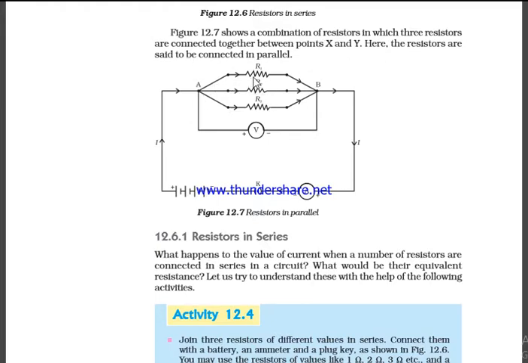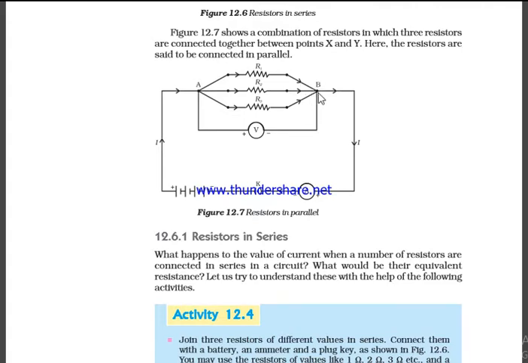If you look at these three resistors R1, R2 and R3, one end of each is connected to a common point called A. What about the other end? The other ends of the three resistors are connected to the point B.